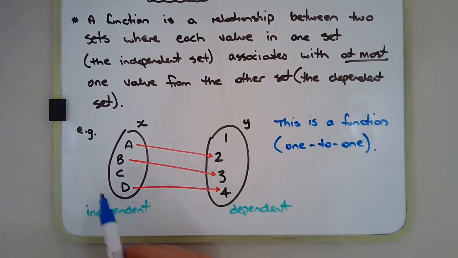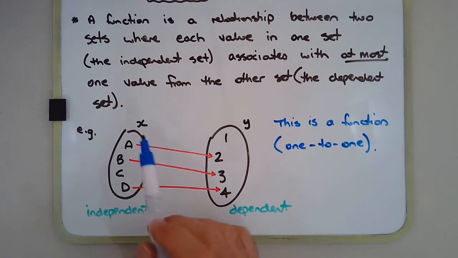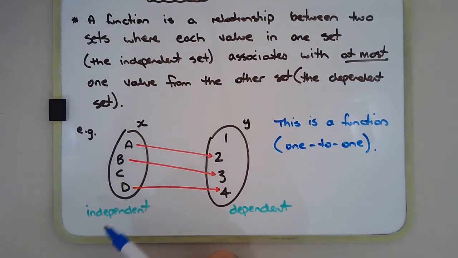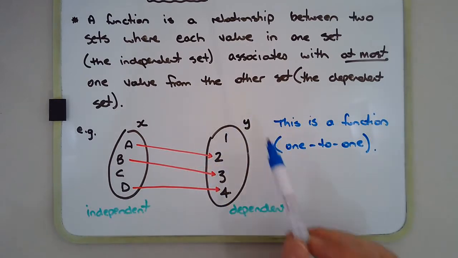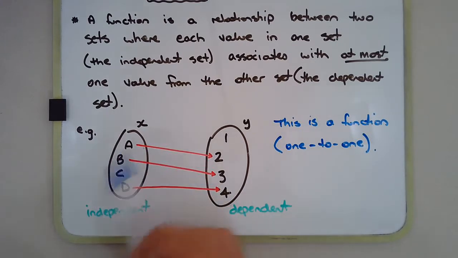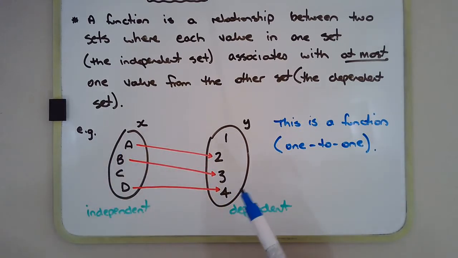So what I've done is I've drawn a diagram here with two sets of values. Values doesn't necessarily imply they're numbers or numerical values. They can be anything, any data. So the independent set, X, contains some letters of the alphabet, so A, B, C, D. The dependent set, Y, contains values, and the arrows basically show a mapping between the values in the independent set to the values in the dependent set.